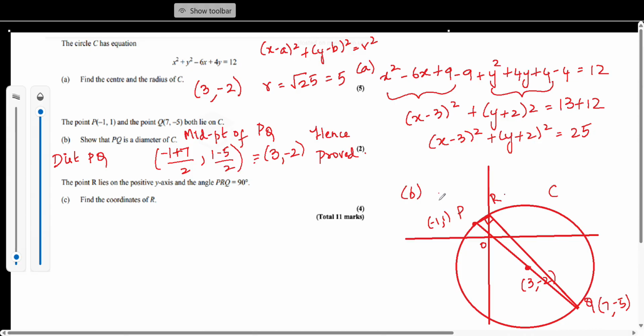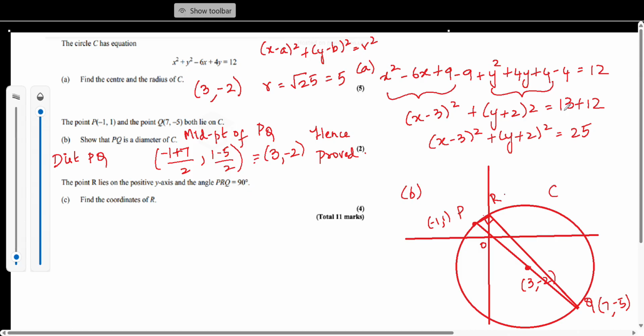We have to find R. Now, how can we go about this? Since R lies on the circle, when we substitute the coordinates of R in the equation of the circle, it should be satisfied, meaning LHS and RHS should be equal.